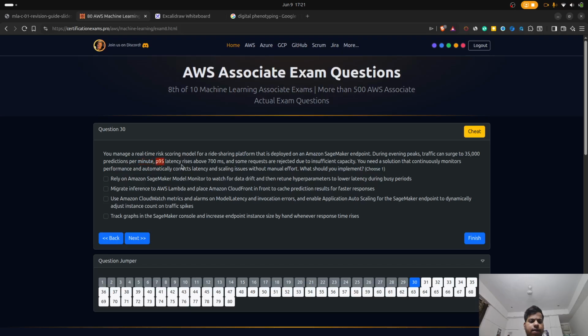P95 latency rises above 700 milliseconds, and some requests are rejected due to insufficient capacity. Okay. Rely on Amazon SageMaker. No solution that continuously monitors.